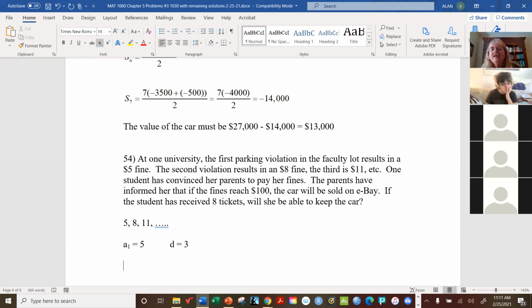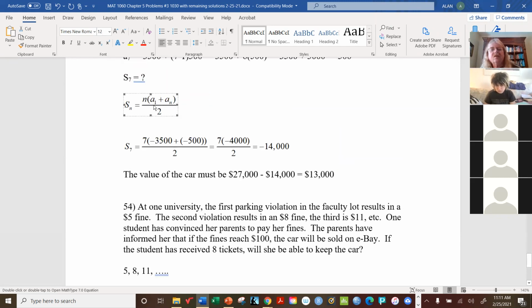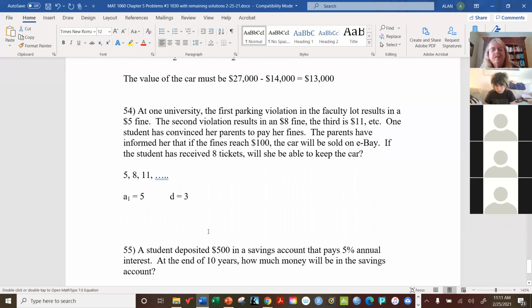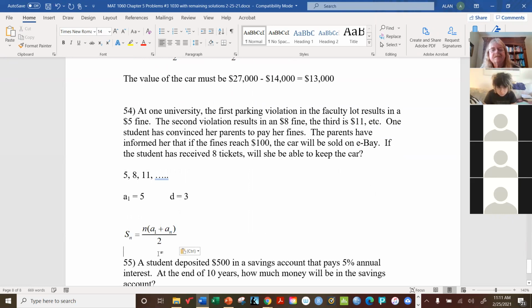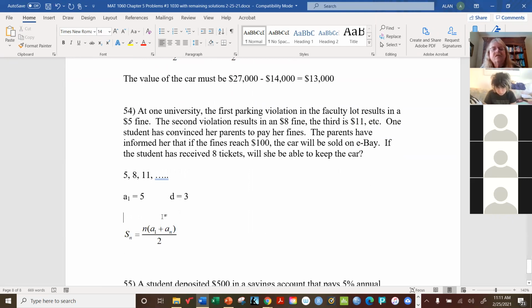Well, what we need to do here is solve for Sn, but in this case, n is 8. What is the sum then of the first 8 tickets? Now, if you use this formula for the arithmetic sequence, you'll notice that we're missing an important piece of information. We need to know the value of A8 in order to do this properly.